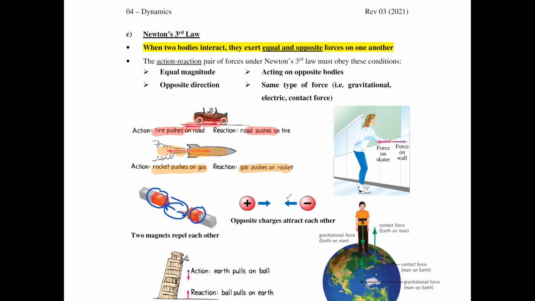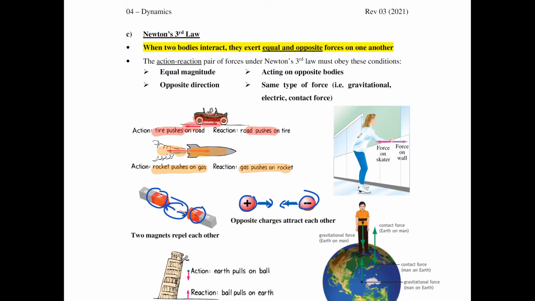Likewise, I can say the same thing when I have two opposite charges, a positive charge and a negative charge. This positive charge will attract the negative charge towards it. And in return, this negative charge will attract the positive charge towards it. So this is again an action-reaction pair.